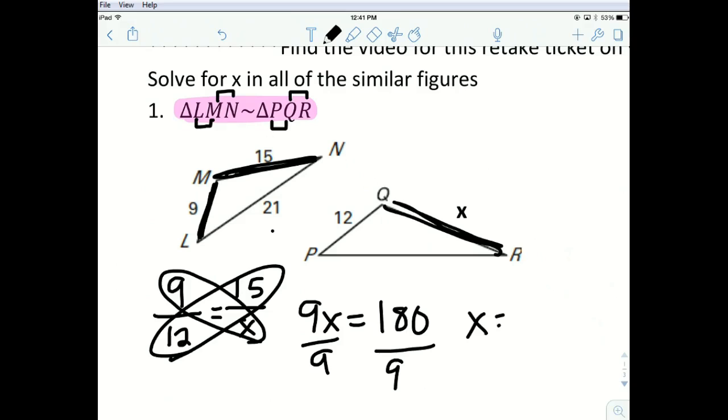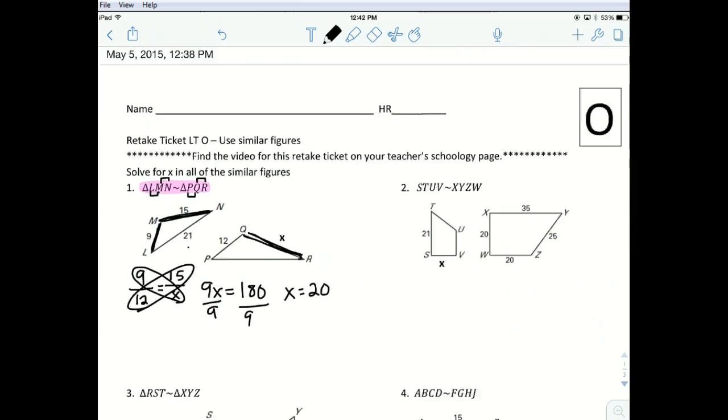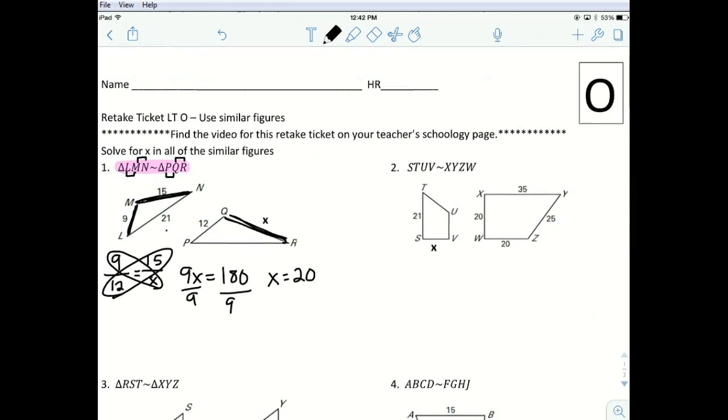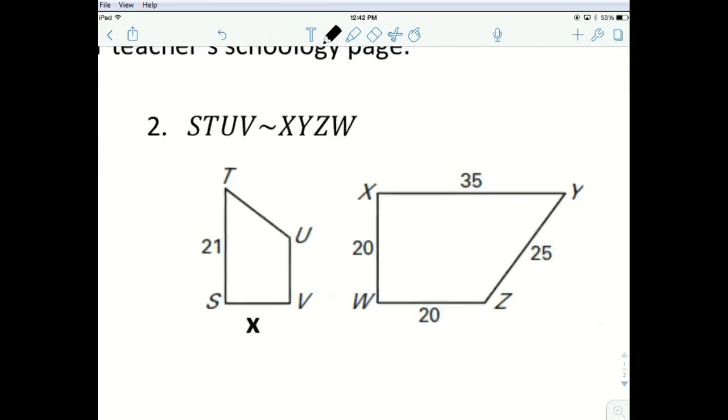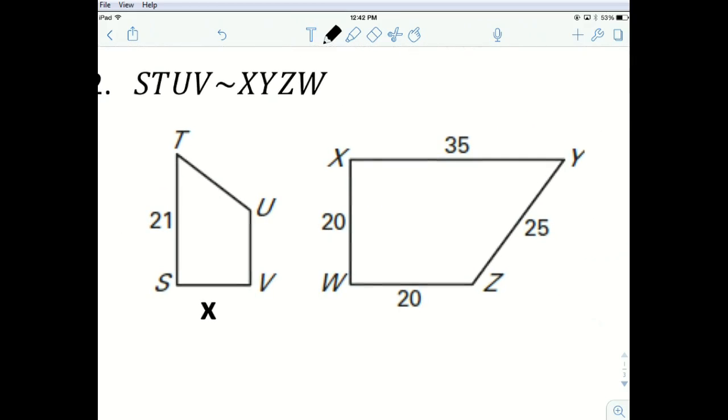And x is equal to 20. Now, if the triangles are in the same orientation, it is going to be just as easy as looking at the picture. But again, if we move over to number 2, you can see that these shapes, call it a trapezoid, they're not in the same arrangement, or they're not in the same orientation.